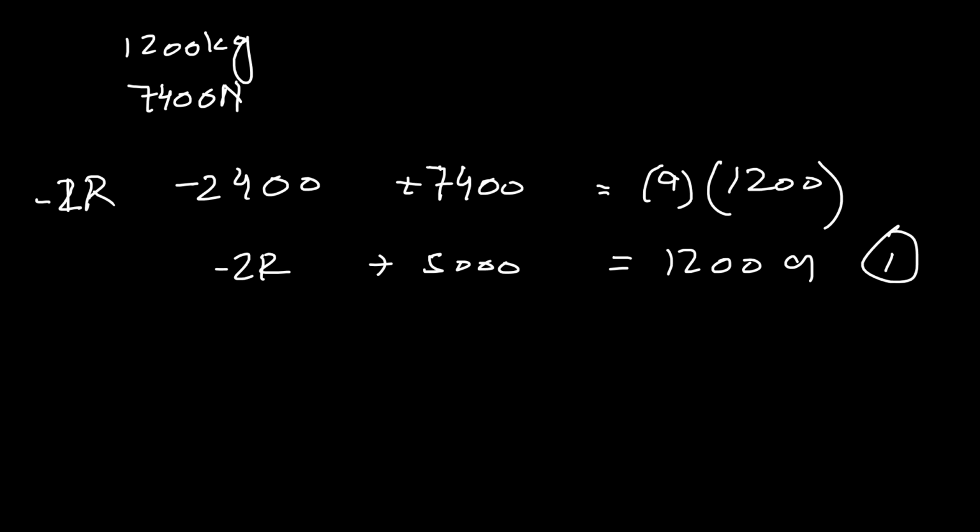Now for the trailer, we will derive a similar equation. We know the mass of the trailer is 400 kgs. We know that the acceleration of the trailer and the car will be the same. We know the tensile force which is pulling the trailer. Also, we know the resistance on the trailer. So the balanced force equation for the trailer will be: mass of the trailer, which is 400, times A. This is the net force which is driving the trailer.